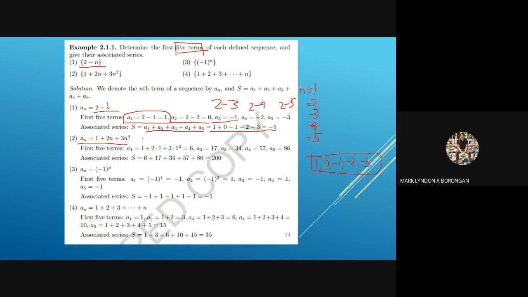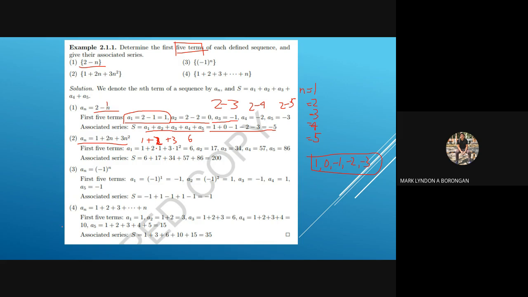If we perform the operations, you'll have 1 plus 2 plus 3, that is equal to 6.